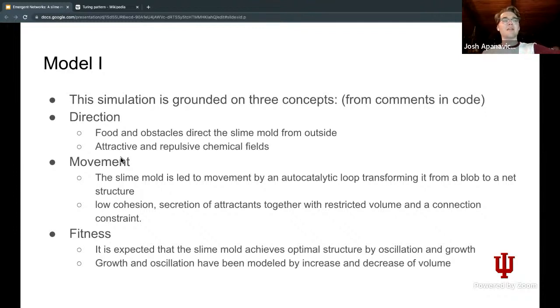But to actually get an optimized structure to find the path of least distance to a food source, you actually have to define some kind of fitness to get this optimal structure. And this is done through growth and oscillation to increase and decrease the volume, which is talked about more here.